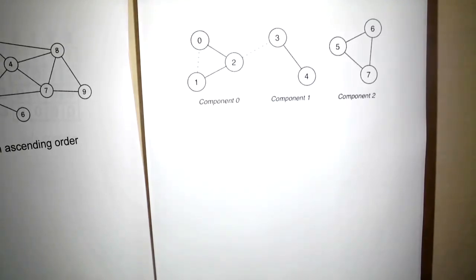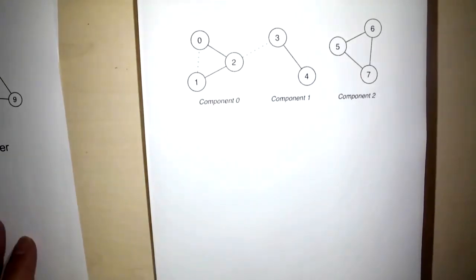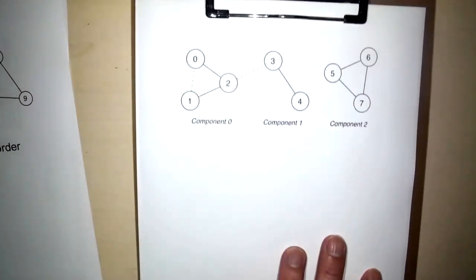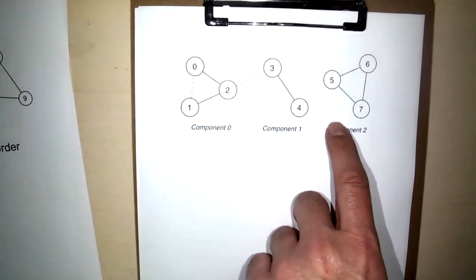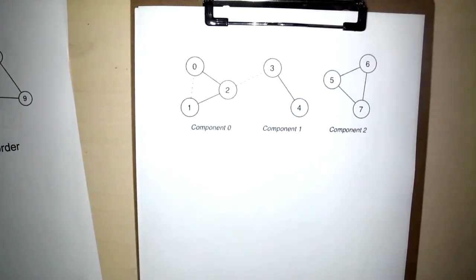Now, at the beginning, all the vertices are not labeled yet. They get the component ID of -1. And then in the algorithm, it says we start with component ID 0.